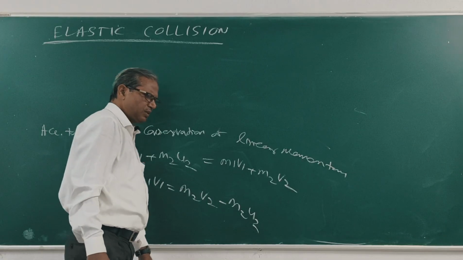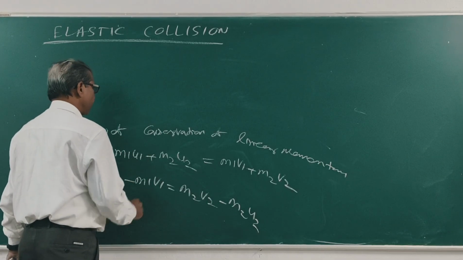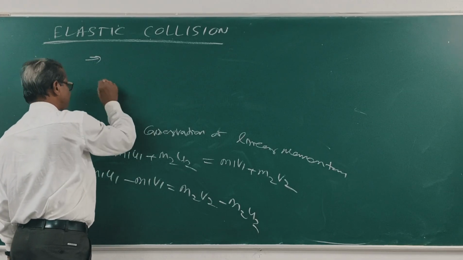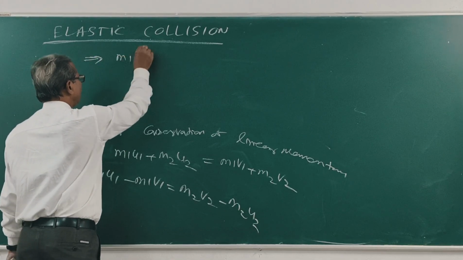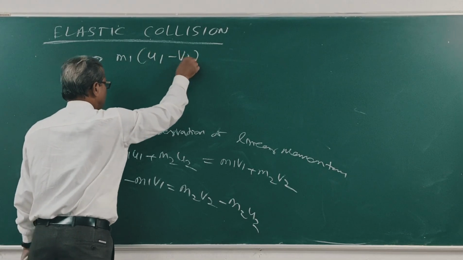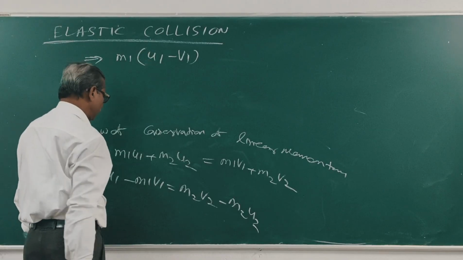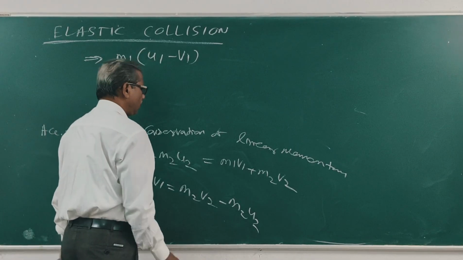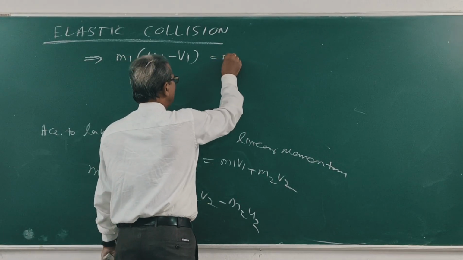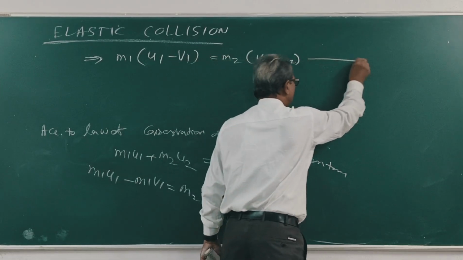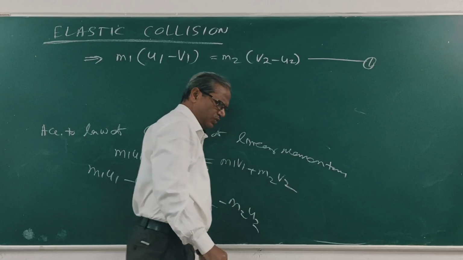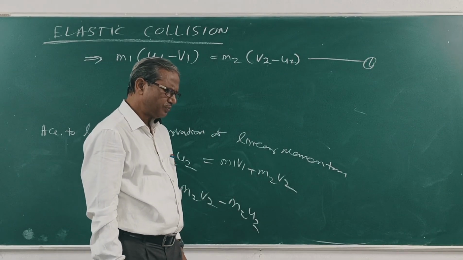That is, m1 into (u1 minus v1) is equal to m2 into (v2 minus u2). This is equation 1. Clear?